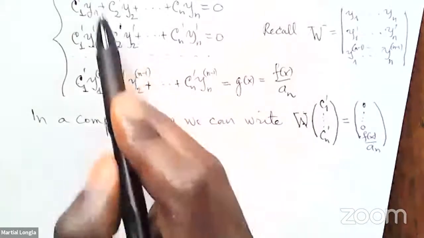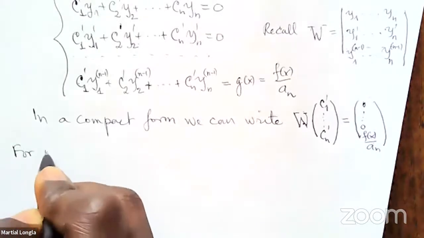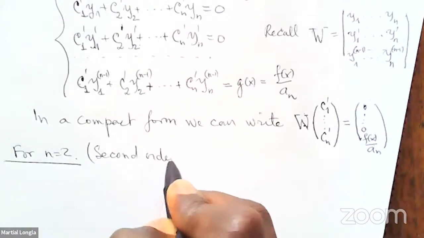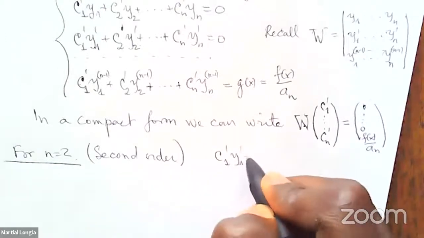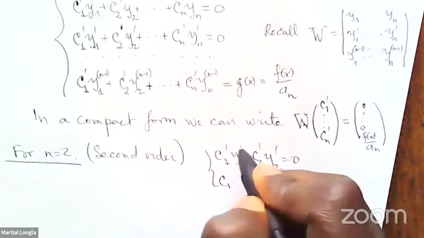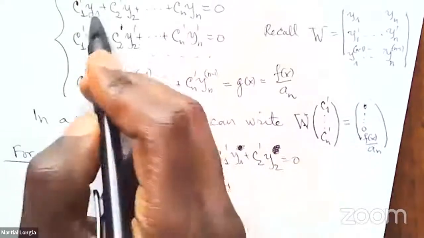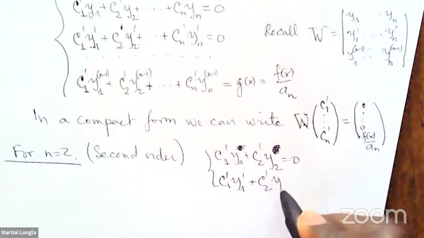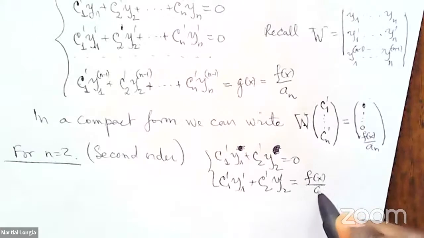Now notice that the length depends on the number of functions that you have. So for n equal 2, that is a second order equation, you just have c1 prime y1 plus c2 prime y2 equals 0, because the first equation takes the functions, and the second one, c1 prime y1 prime plus c2 prime y2 prime equals f of x over a2.